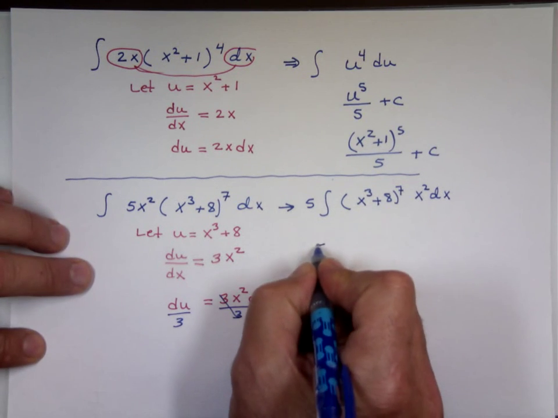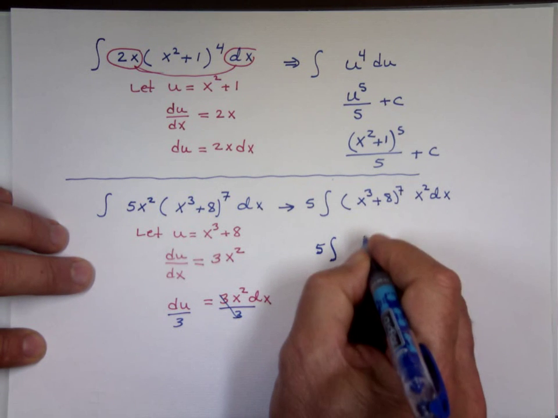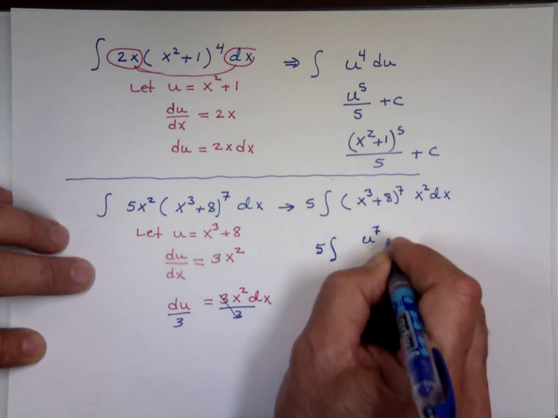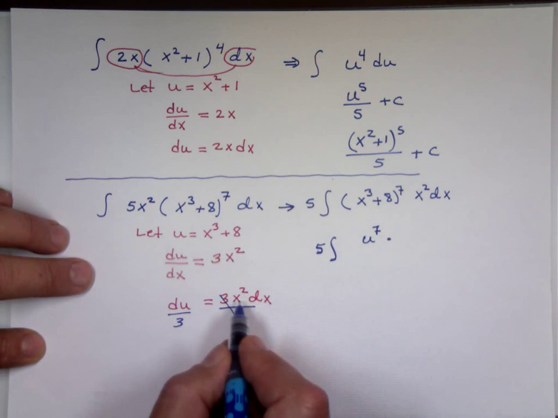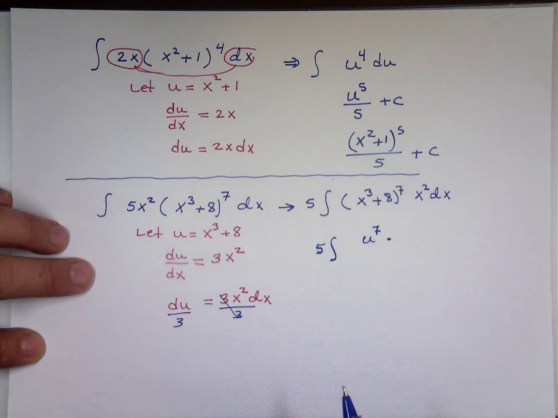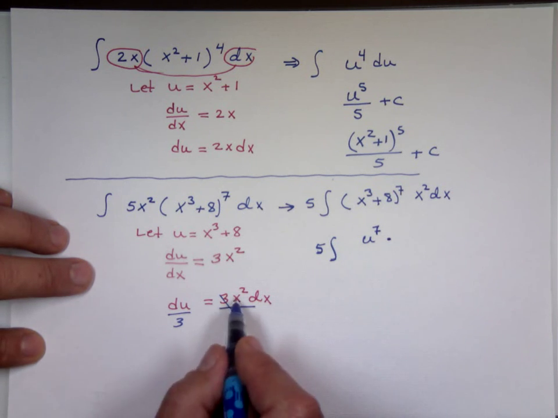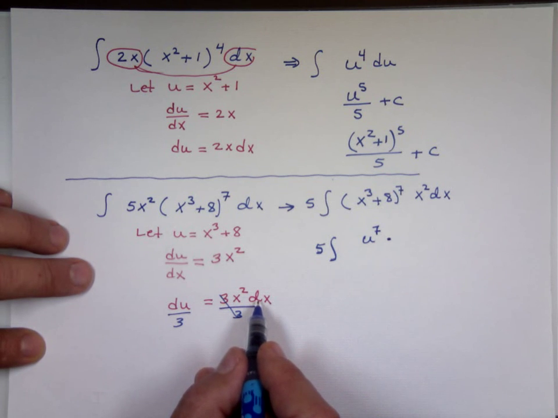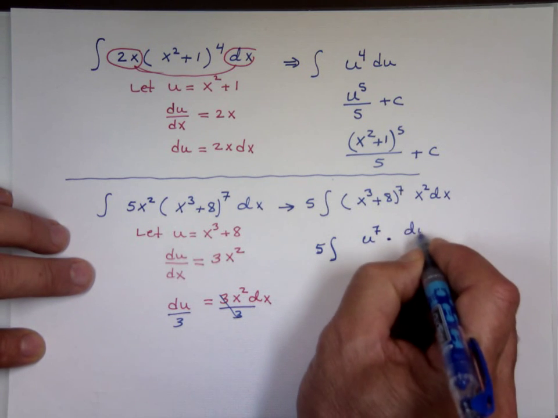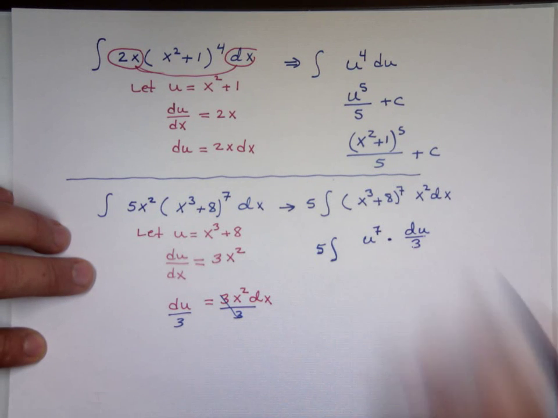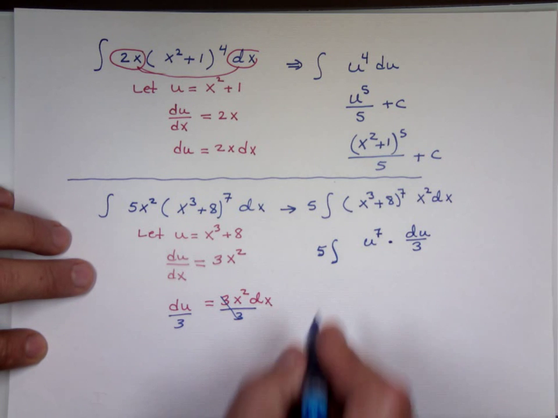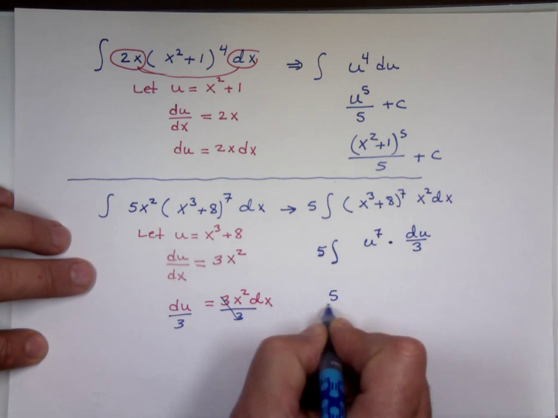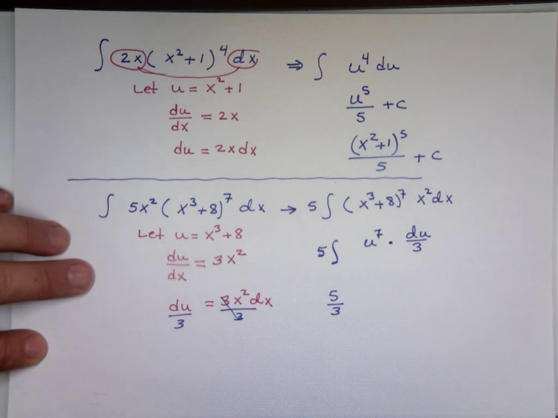There's the 5. u to the 7th times, what's x squared dx equal to? du over 3. Yep, du over 3. This is a 1/3. So what's 5 times a 1/3? It becomes 5/3.